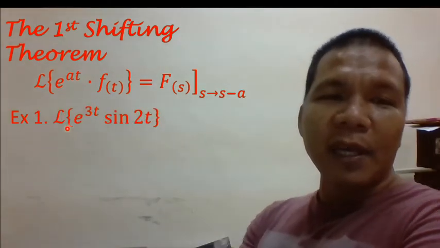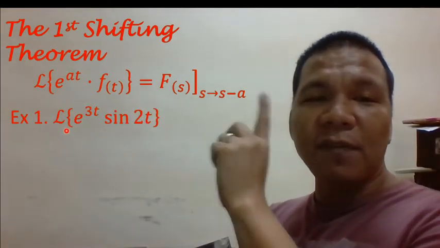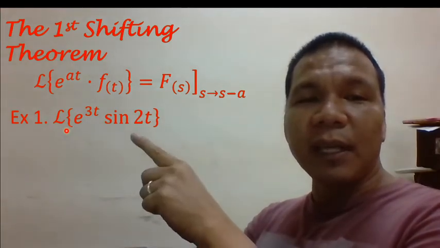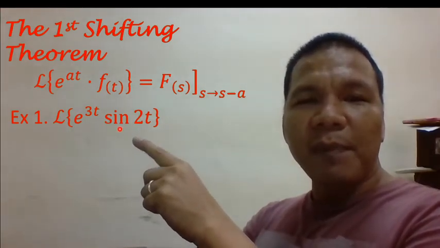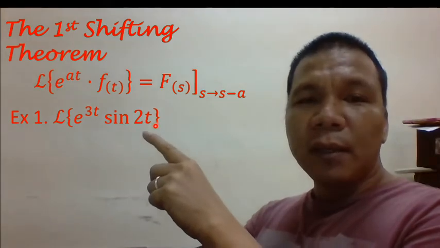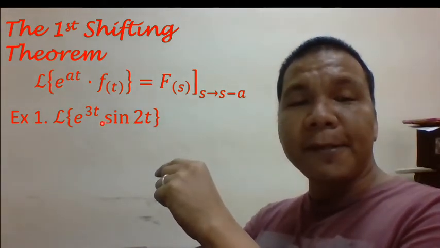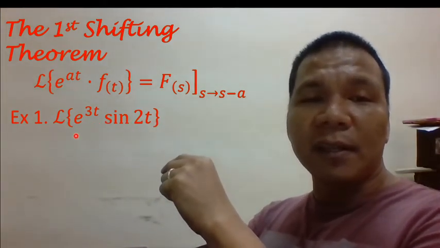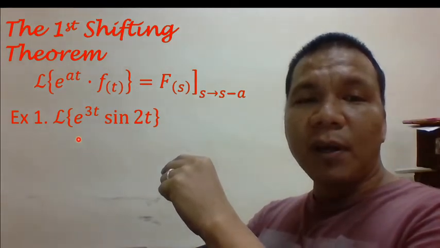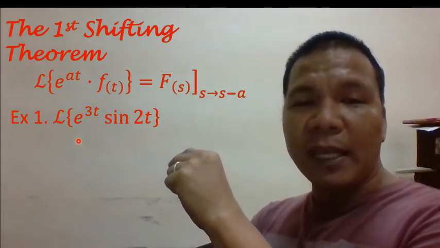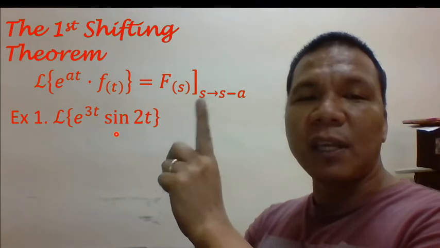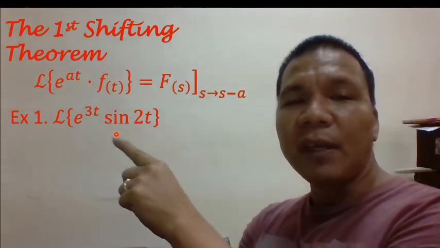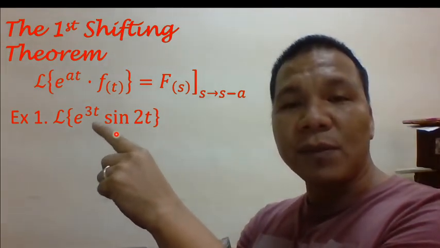Supposing I have here the Laplace transform of e raised to 3t multiplied by sine 2t. If you will notice, this is the Laplace transform of a function of t, and this will be your e raised to at.